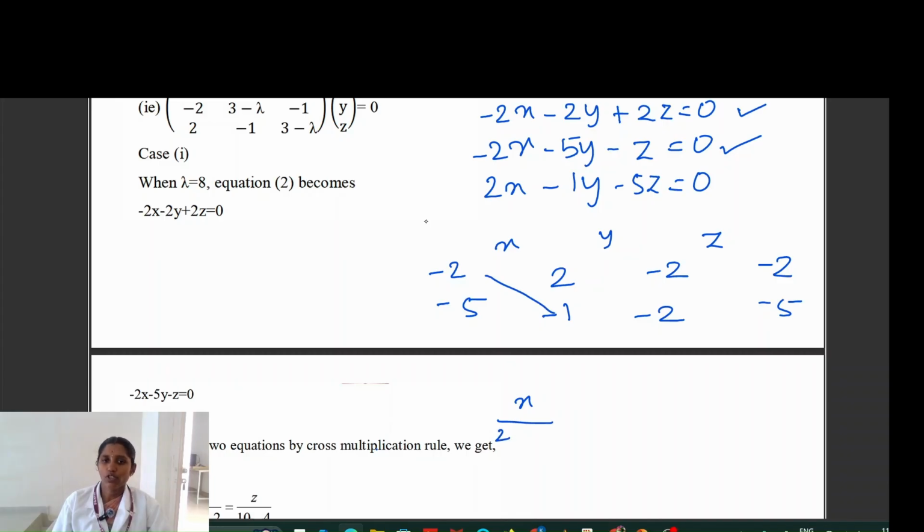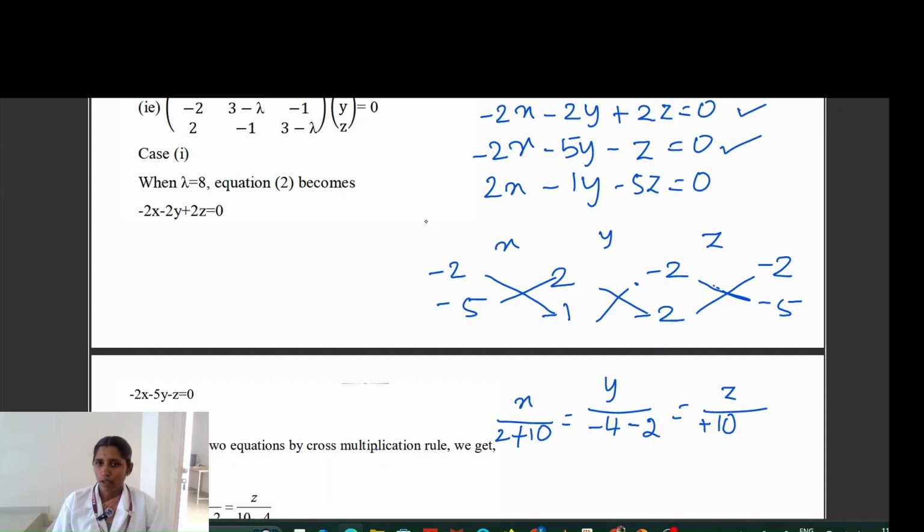Now we use the cross multiplication rule, that is x by 2 into minus 2 into minus 1, 2, 5 into 2 minus 2, so minus of minus plus 10. Next, y divided by 2 into 2 minus 4, again minus 1 into minus 2 plus 2, minus of plus minus, so minus 2. Z divided by 5 into 2 minus 5 into minus 2 plus 10, so 10 minus 4.